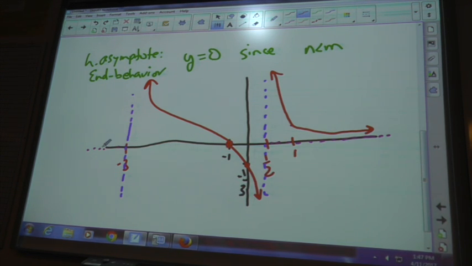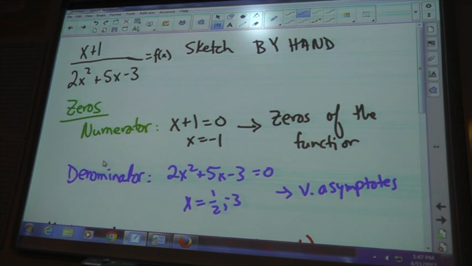Now what's the next nicest number over here? -4. Let's plug in -4. -4 plus 3 plus 1 is -3. That's negative, right? -4 squared is going to be 16. 32 minus 20 is 12.